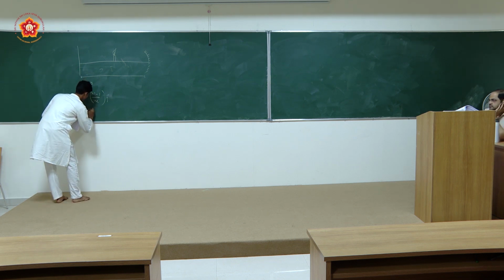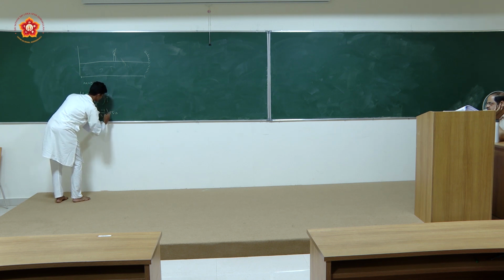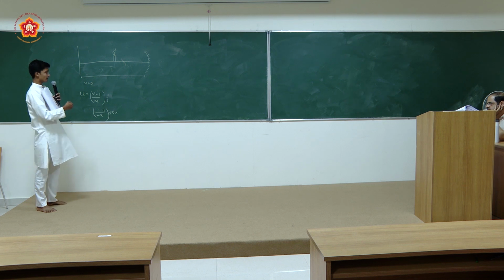So magnification is -3, so u = (m-1)/m times f, that is -4 by -3 into -150 centimeter. So I converted the meter into centimeter.